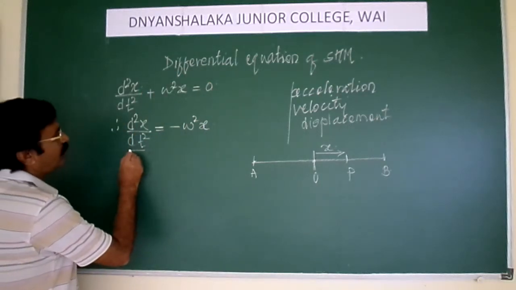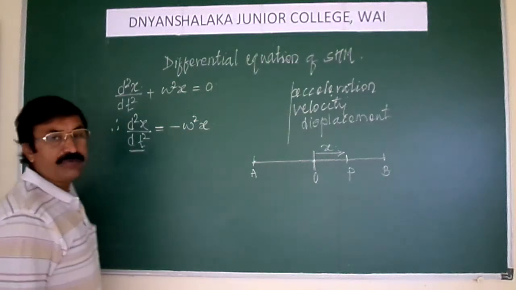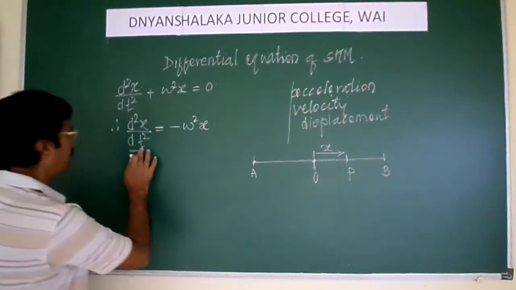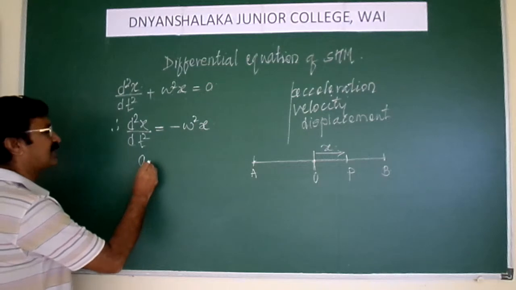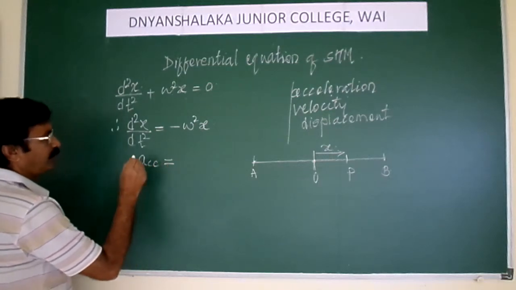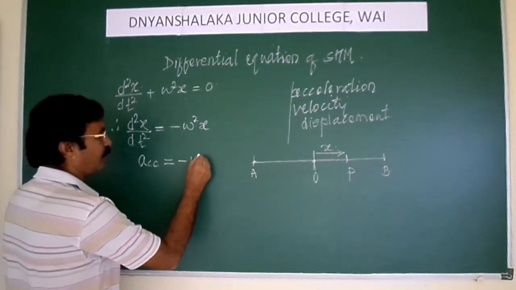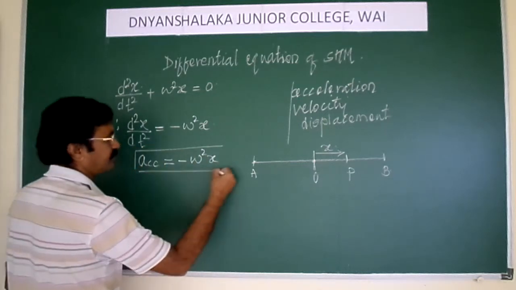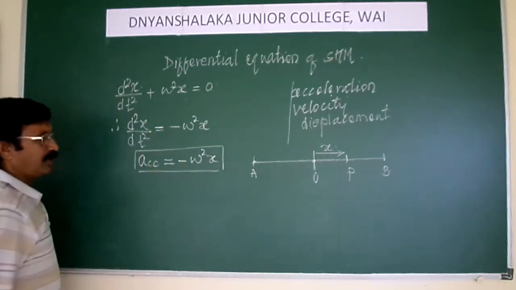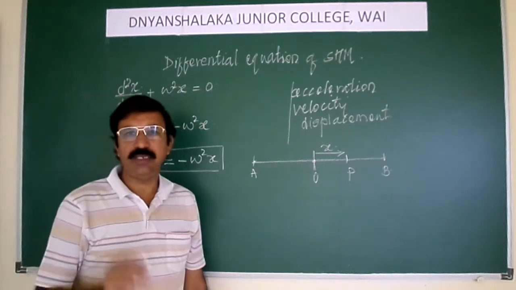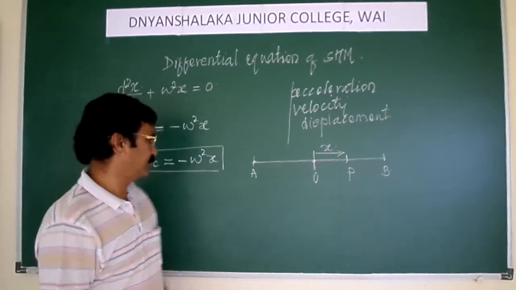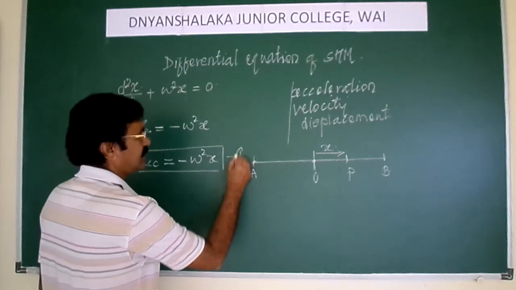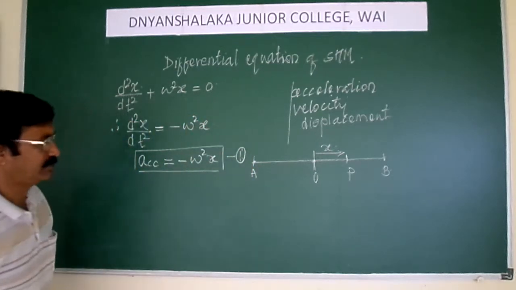This is the second order derivative of displacement, which is acceleration. So acceleration is minus omega square x for the particle performing linear simple harmonic motion. Let us take this as equation number 1.